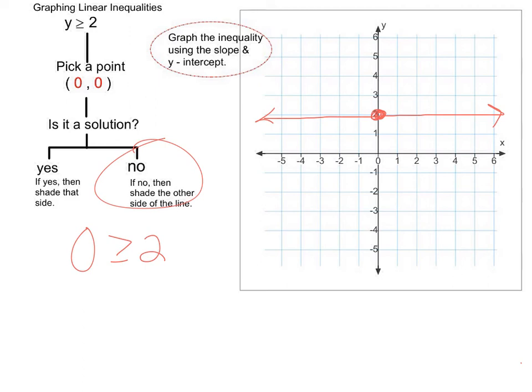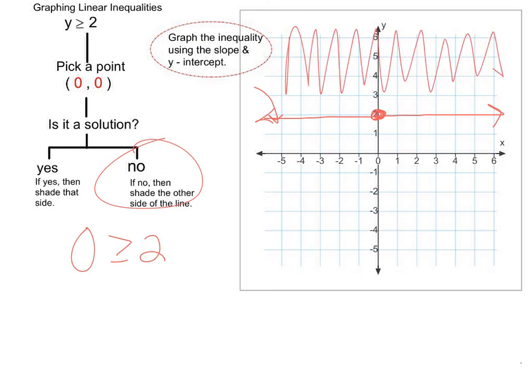In this case, when we have just a plain horizontal line, we want to just use our common sense. It says y is greater than or equal to 2. Well, y is equal to 2 right here on this line. Where is y greater than 2? 3, 4, 5, etc. So we want to shade everything above the line. We don't really need that test point. It's not particularly effective.